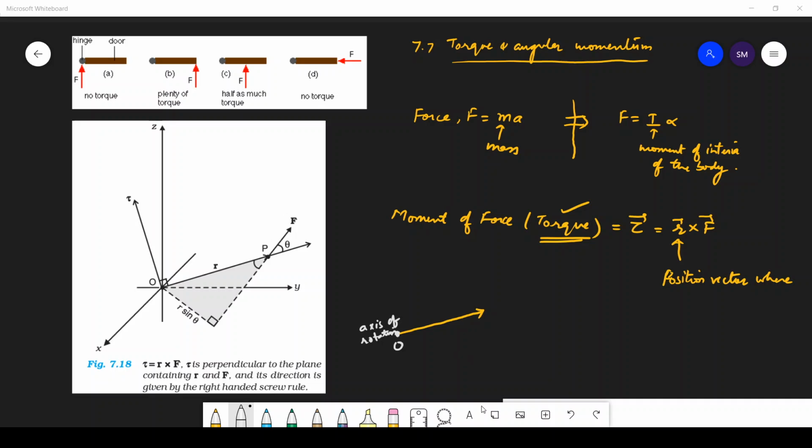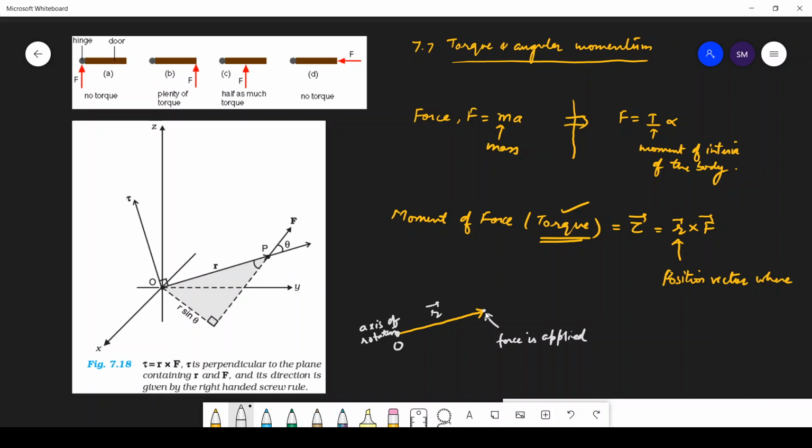And this point is where force is applied. So always you have to join two points, and that's your position vector. Which two points? The point where you have the axis of rotation, and the point where force is applied.